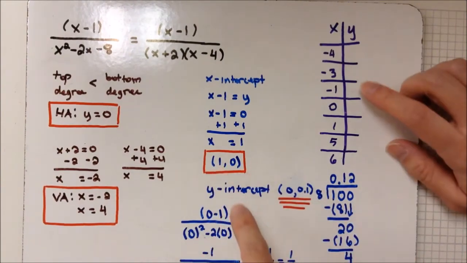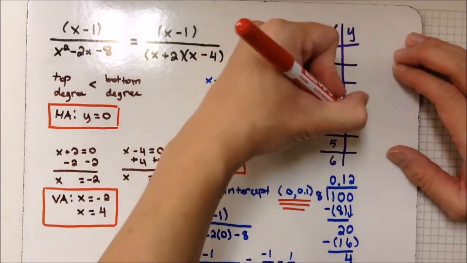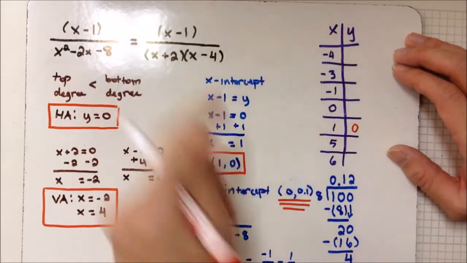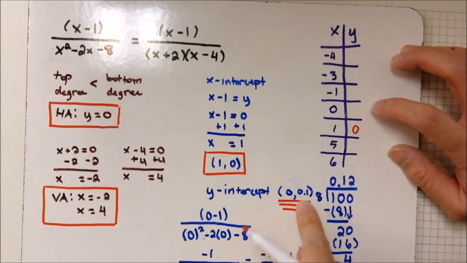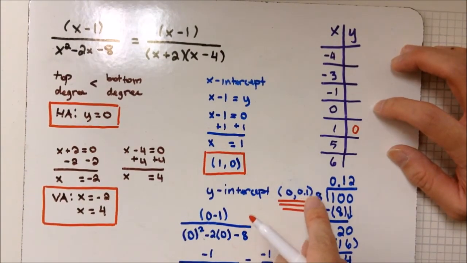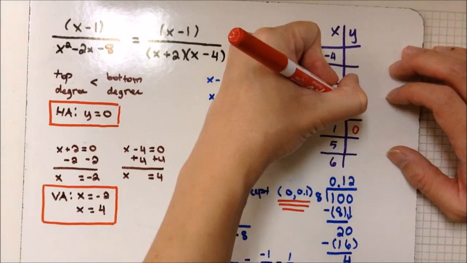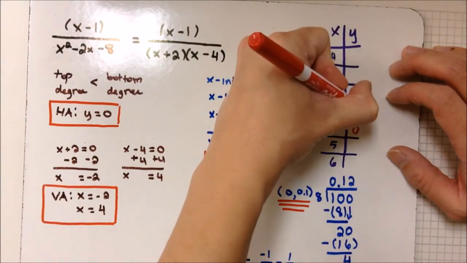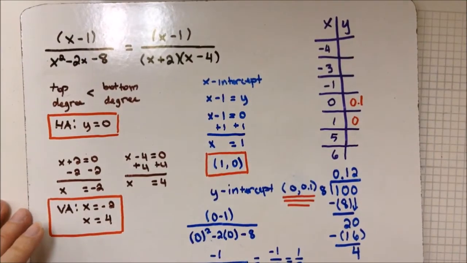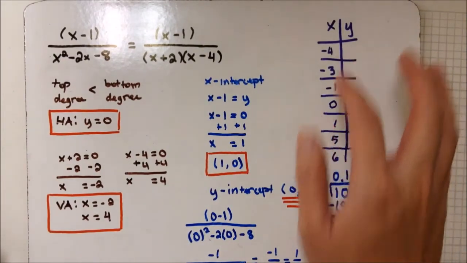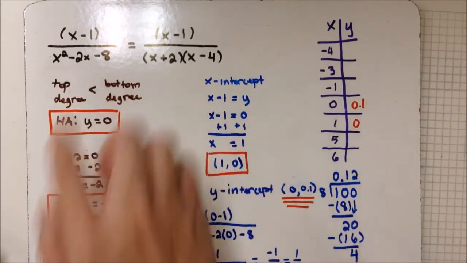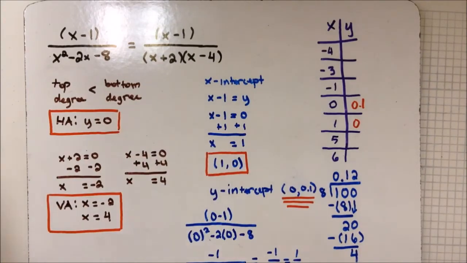So for 1, I'm going to put 0 because that's what we have for the y value. Now for the x value 0, we have 0.1 for the y value. So I'm going to put 0.1. Alright, so now all we do is plug these values into the function right here and get the y value.